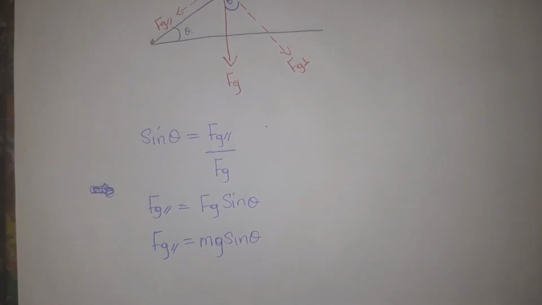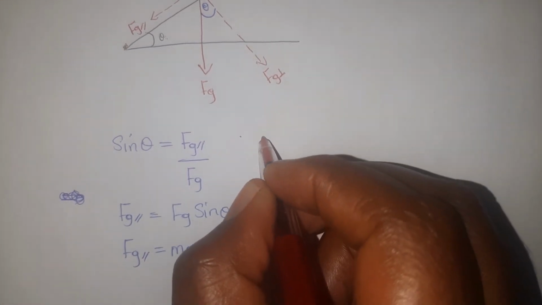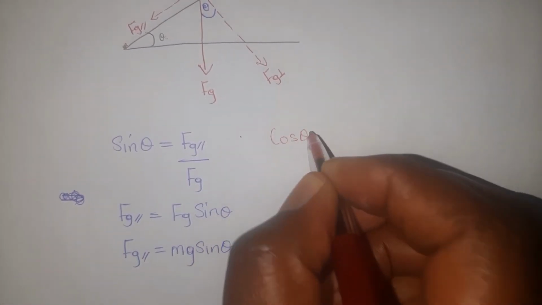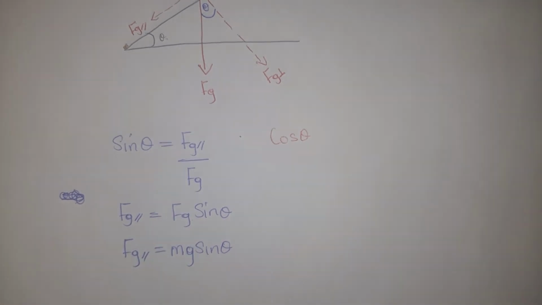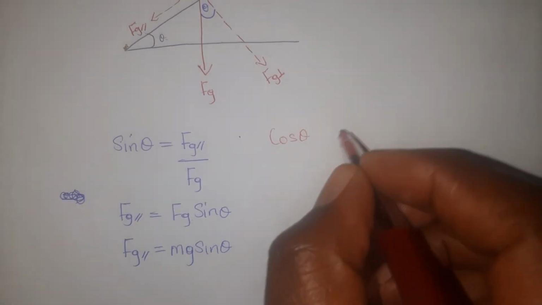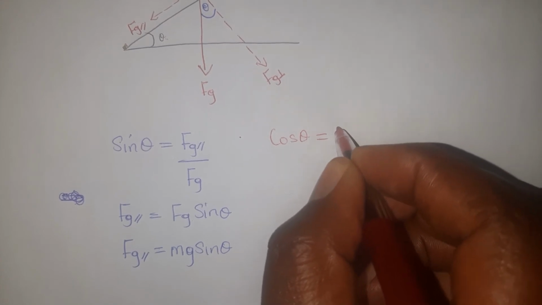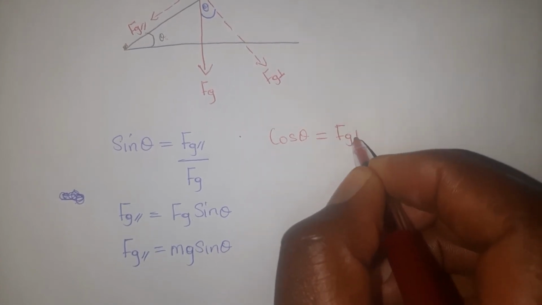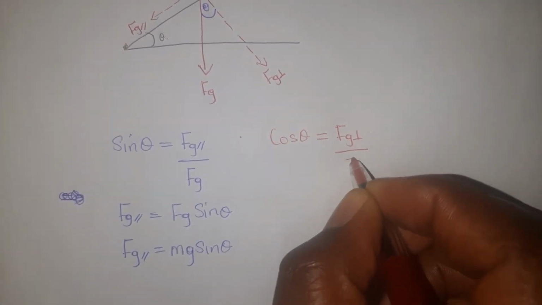Okay, and then let's move on. Cos theta is equal to FG perpendicular divided by FG.